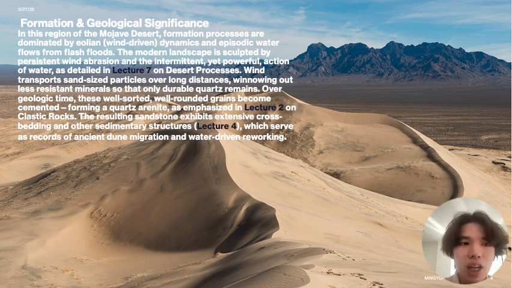Over geological time, those well-sorted, well-rounded grains become cemented, forming a coarse arenite, as emphasized in Lecture 2 on clastic rocks. The resulting sandstone exhibits extensive cross-bedding and other sedimentary structures in Lecture 4, which serve as records of ancient dune migration and water reworking.